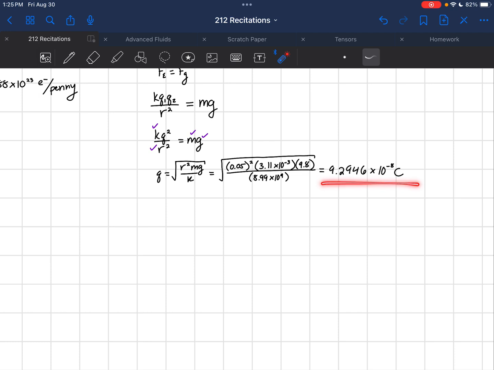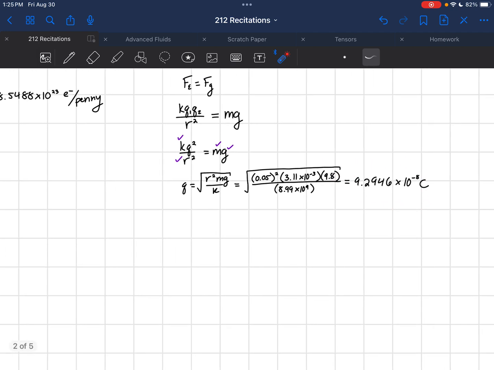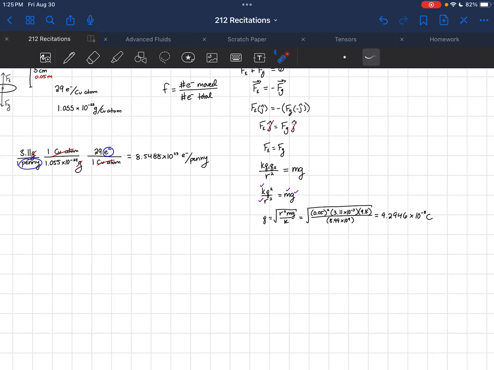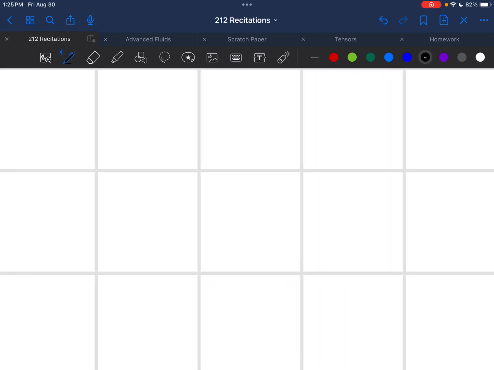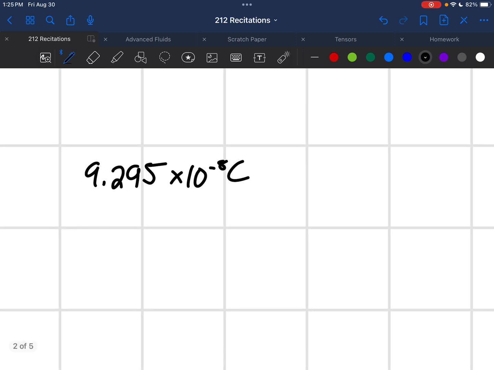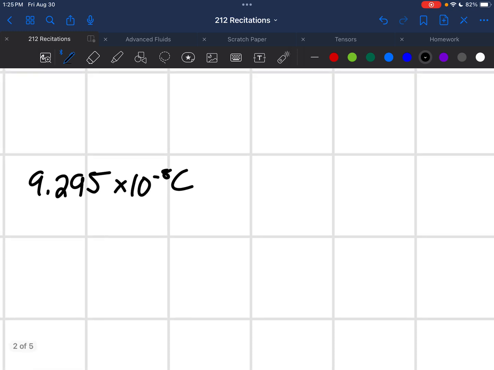If I can take the total charge that I have to move and divide by the charge of an electron, that will give me the number of electrons I have to move. We can kind of show that with dimensional analysis as well. So I have 9.295 times 10 to the negative 8 coulombs that I need to move. And I want to get rid of coulombs and make it number of electrons.